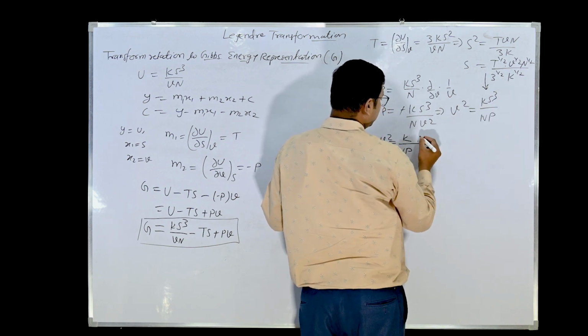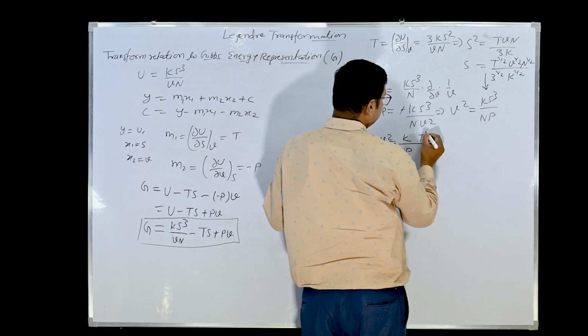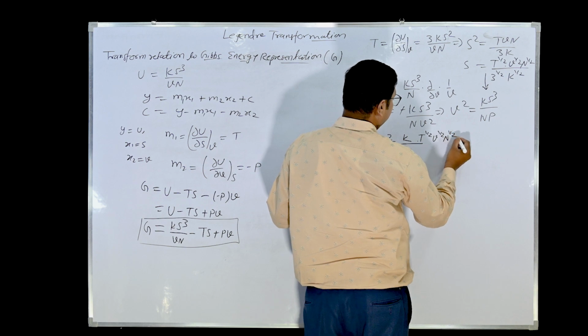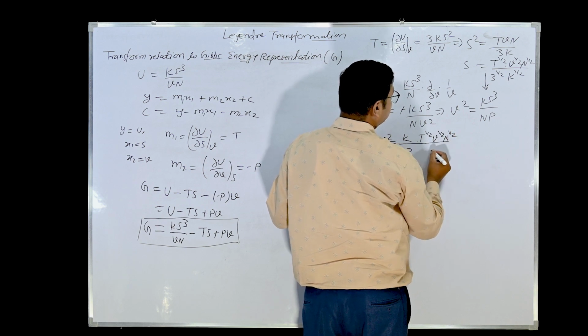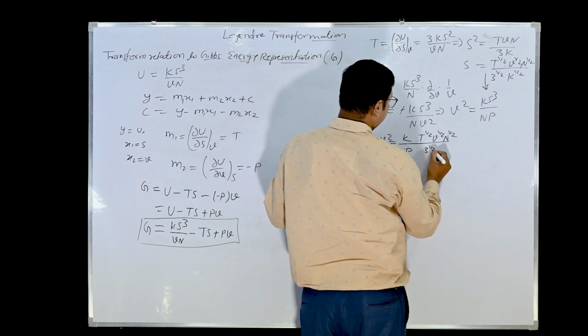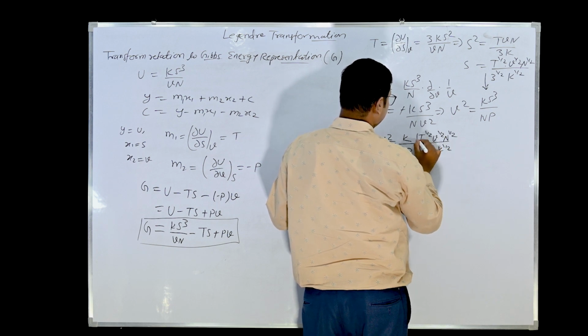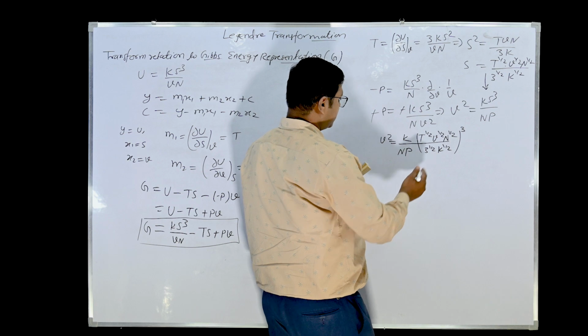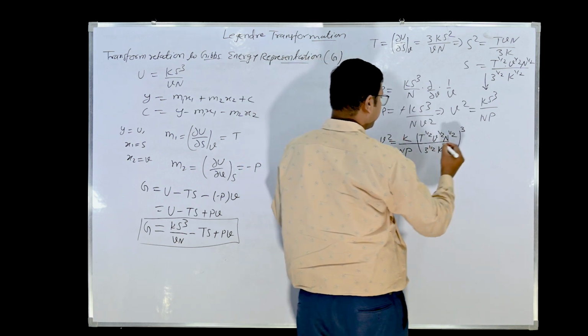And this is the relation. So I can write T to the power 1 by 2, V to the power 1 by 2, N to the power 1 by 2 divided by 3 to the power 1 by 2 and K to the power 1 by 2, and the whole term cubed. So let's solve here.